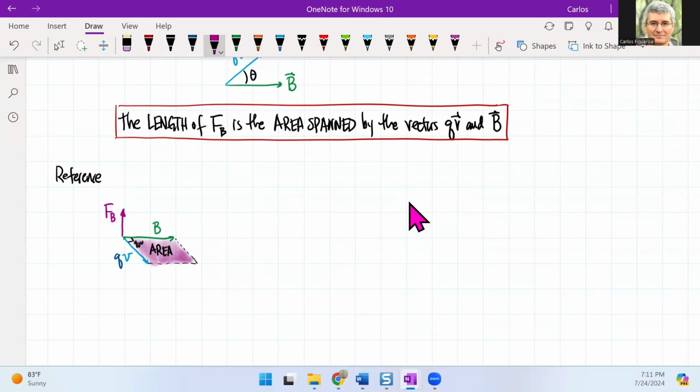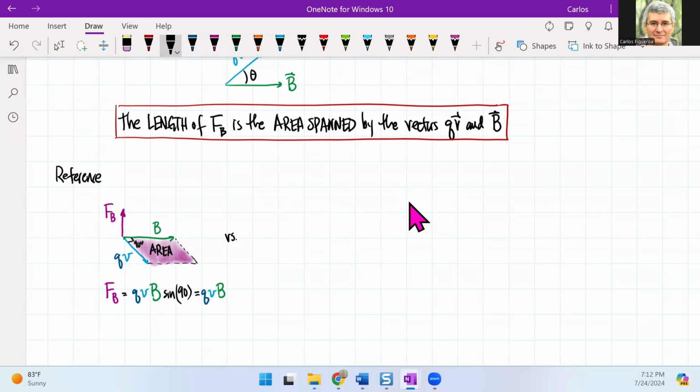So F of B is going to equal QVB, but then I have sine of 90 degrees, which is of course 1. So when I'm writing this in the future, I'm always imagining that I have a 90-degree angle. Now I want to compare this. So how do I get a larger magnetic force?